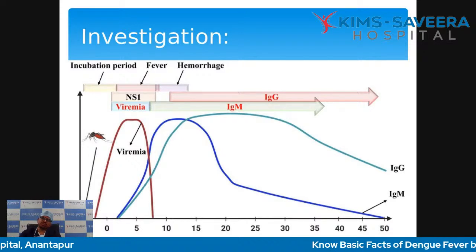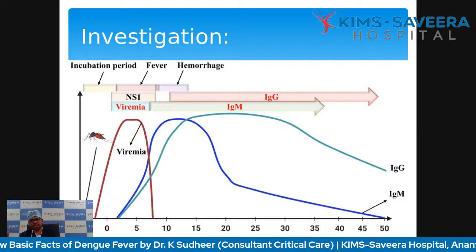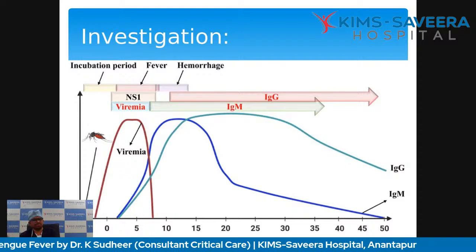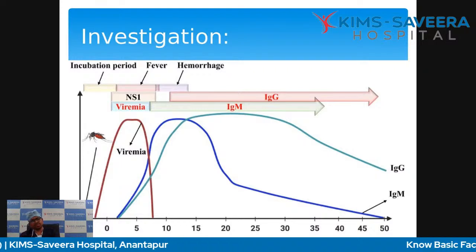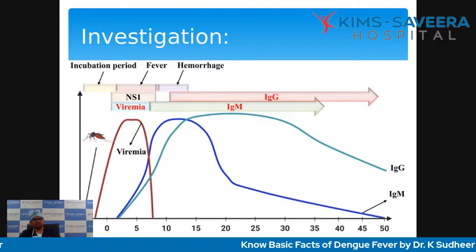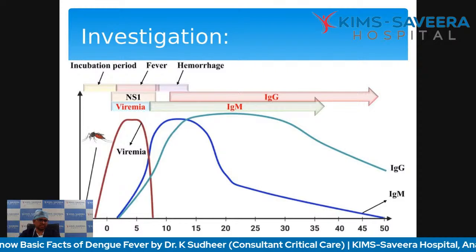If we test after the second day of illness to the fifth day, usually we will get the dengue NS1 antigen positive, because the duration of illness is important. If we test after the third or fourth day, then we can get dengue IgM or IgG positive.